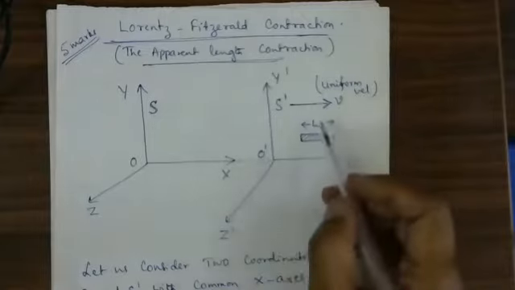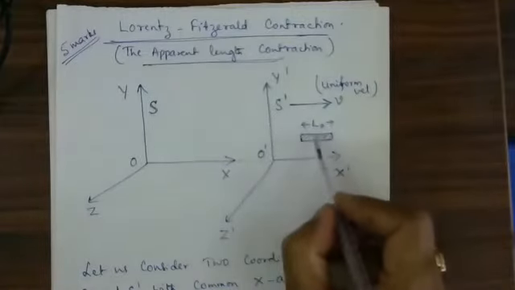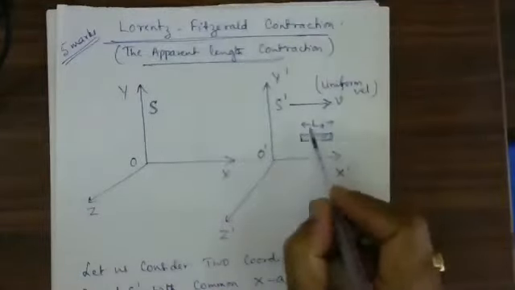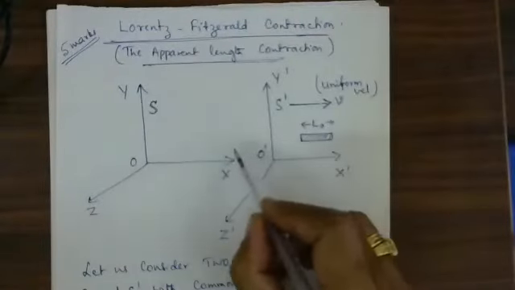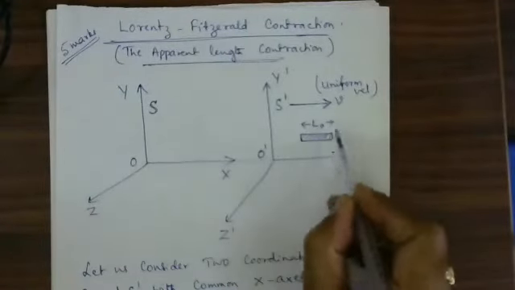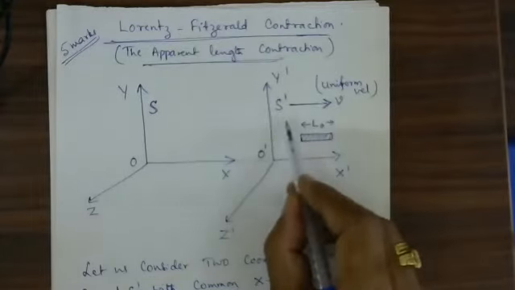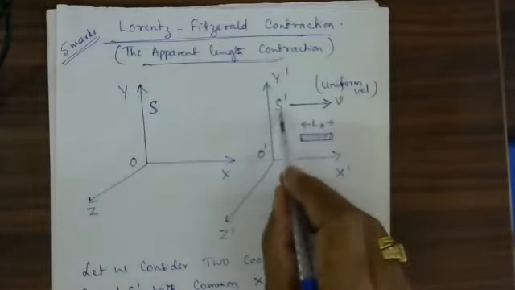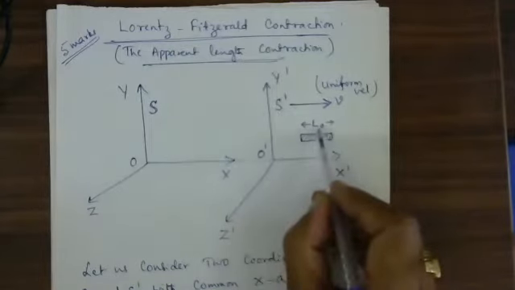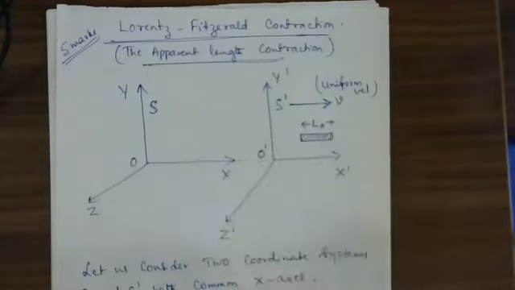So, have you understood the concept? Just to see that, I have considered a rod which is lying along the x-axis in the frame S dash. For an observer in frame S dash, its length appears as L naught.